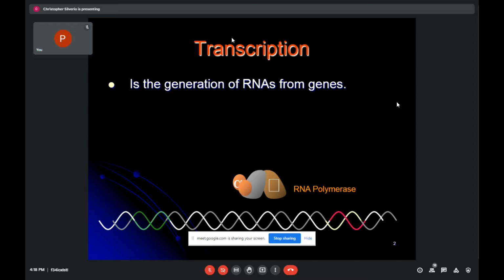When we are talking of replication, that means the DNA divides. Transcription is the generation of RNAs from genes. What do you mean by generation? Synthesis of RNAs from DNA.